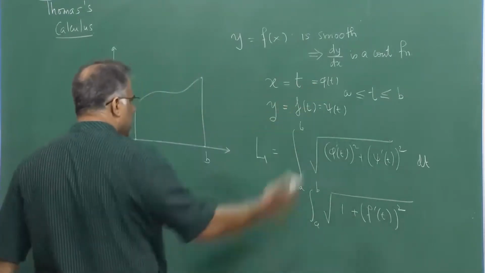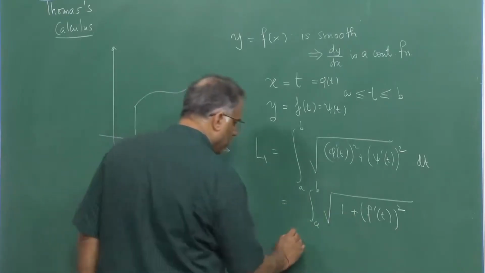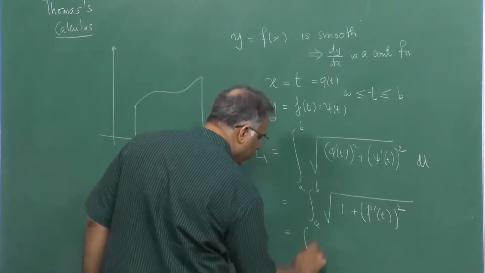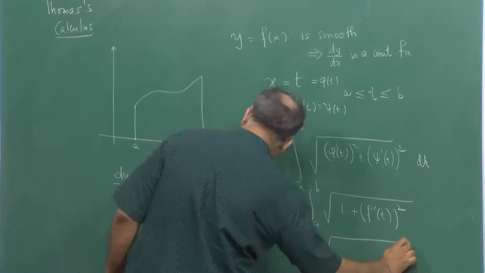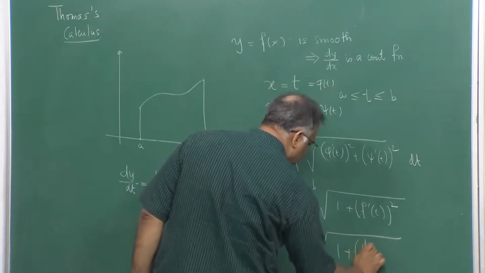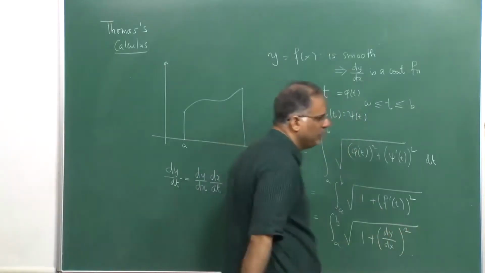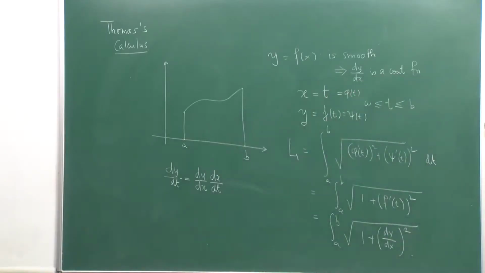So, this is nothing but dy/dx. So, what I get is integral a to b root over 1 plus dy/dx whole square. Here I have to use the chain rule, please observe this. So, how simply we obtain this, once we have that knowledge.